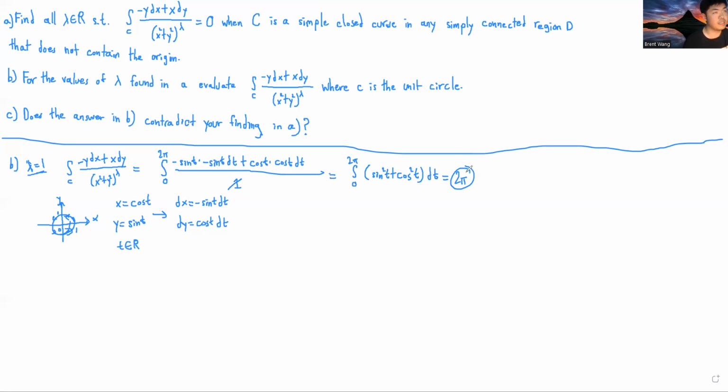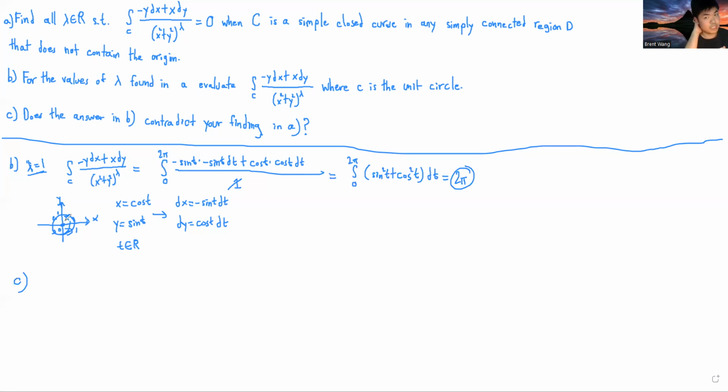Now, this is different from our answer in part A, which is 0 when lambda is 1. But keep in mind that we are doing this around the unit circle, and the unit circle includes the origin. So it actually violates Green's theorem, essentially, because there's this tiny point in the origin where the partial derivatives for P and Q are not continuous, like it's not differentiable at (0, 0).